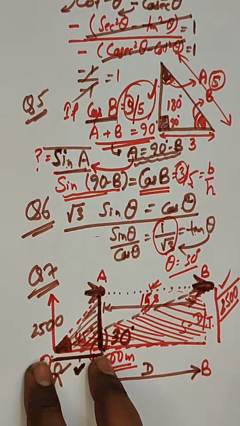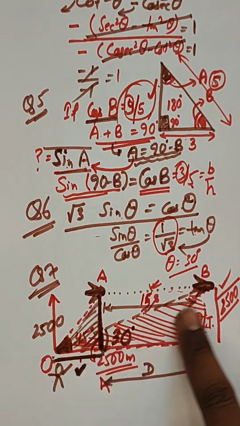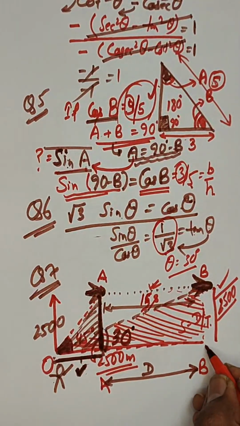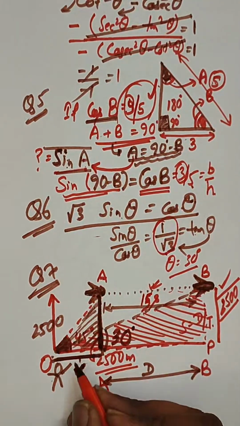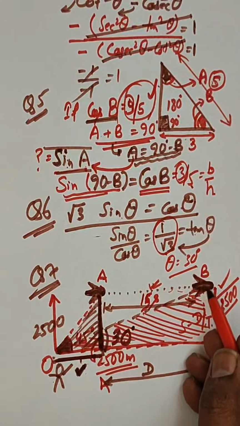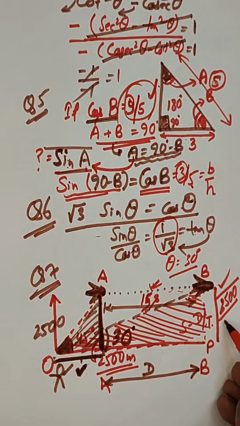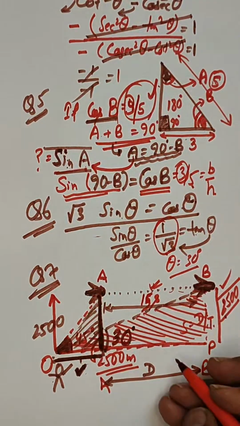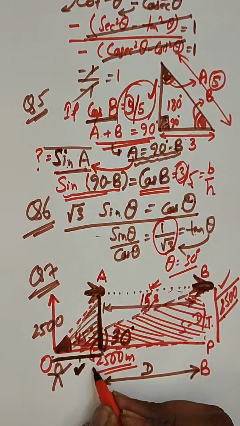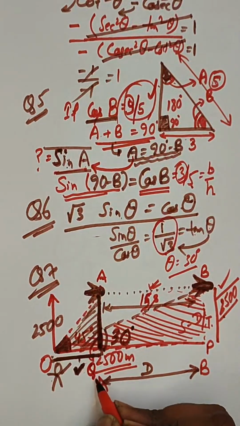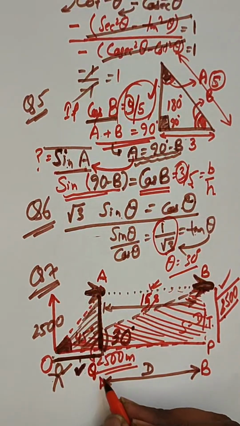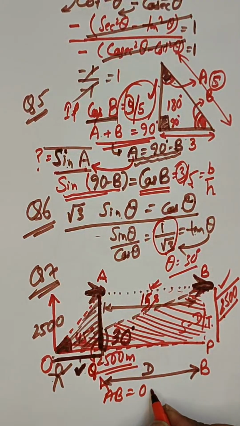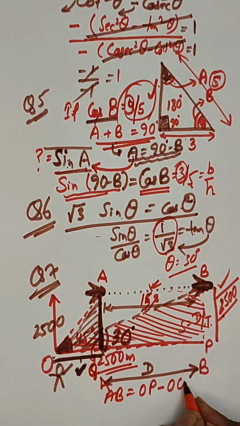You already calculated O to this point. Then using this red triangle, you find this position, let us say O to P, because tan of 30 degree is perpendicular by base. You know the perpendicular, so the base can be evaluated. When you calculate OP, and let us say this is Q, which is already known to you, then AB can be written as OP minus OQ.